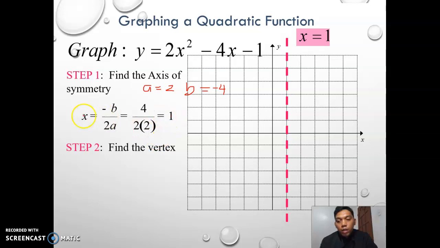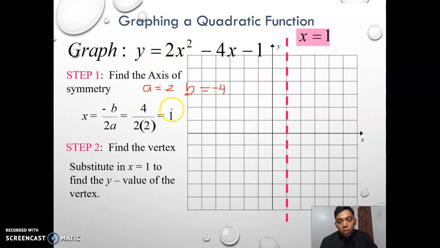Step 2 is we find the vertex. Since we already have the axis of symmetry, or the x value in the vertex, we have to find the y. How do we find the y? We substitute the value of the axis of symmetry, 1, into the function. So that becomes 2 times 1 squared minus 4 times 1 minus 1.